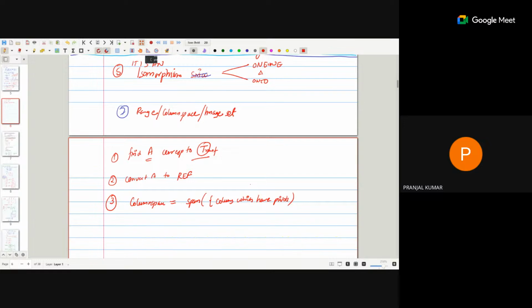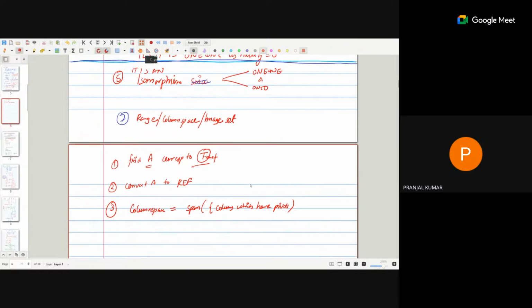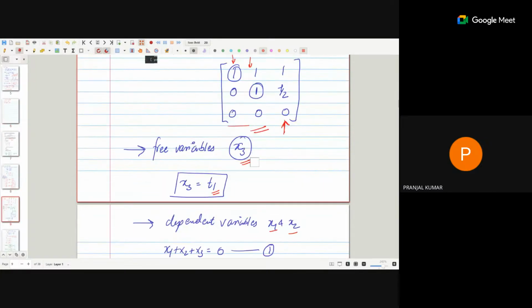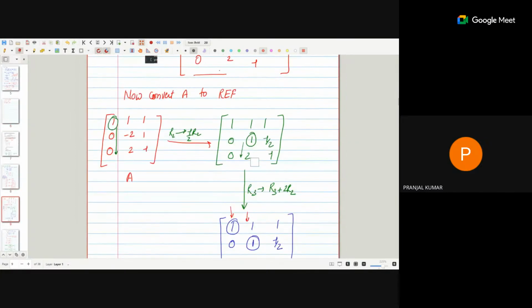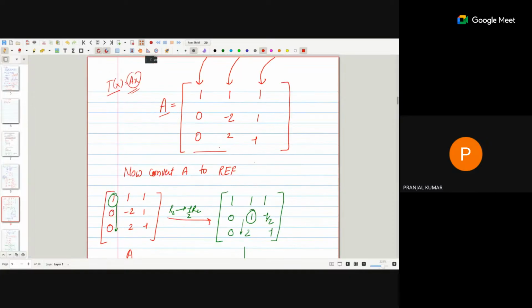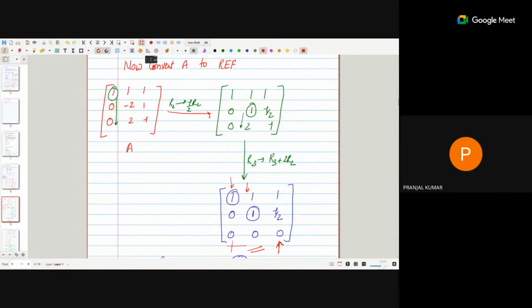One more thing. I will give you an example. You have to note it down for yourself. Suppose this is your matrix corresponding to this linear transformation. Then we convert it to its REF. After REF, it looks like this. Now, which columns have pivots? Column one and column two. Now you have to move back to the original matrix.